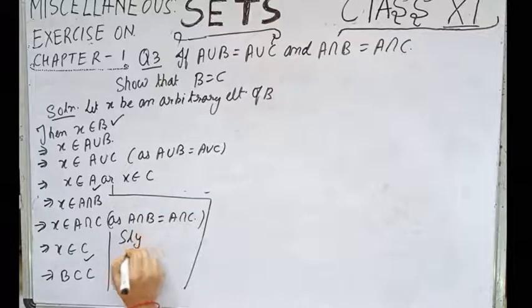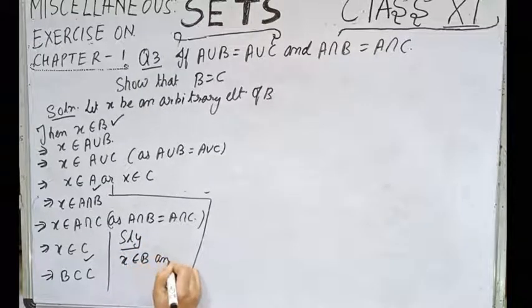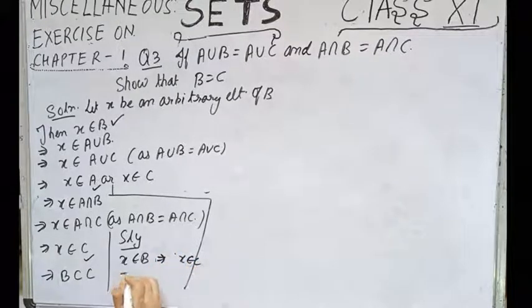Similarly, X belongs to B and X belongs to C implies B is a subset of C.